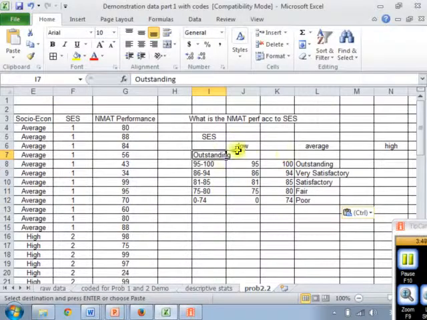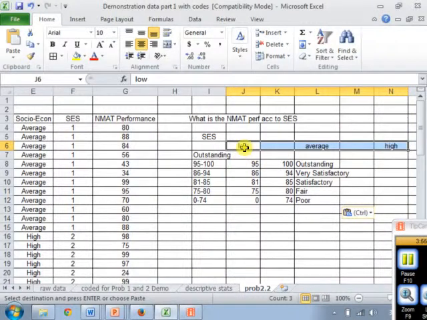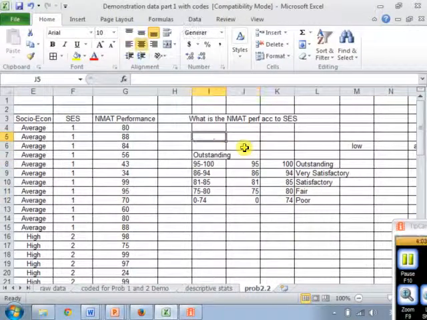Okay. I'll just click it. Okay, I'm just cutting it. There. So, their socio-economic status. How many are outstanding? How many are very satisfactory? Satisfactory, fair in the low.